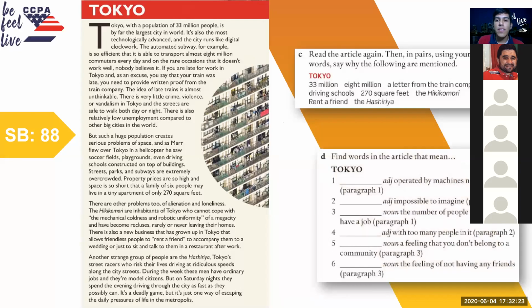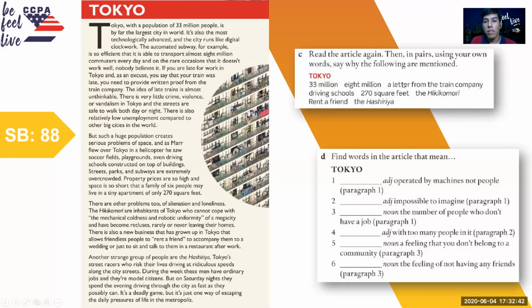Now let's go to activity D. We have to complete these definitions with some of the words that are given in the text. For example, it says, find words in the article that mean, number one, adjective, operated by machines and not by people. And it's in paragraph 1.